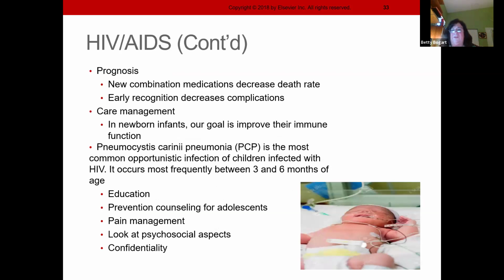So prognosis today is better than ever. Now, I worked as a clinical instructor at an extended pediatric daycare, an amazing place. And they had triplets there. Now, from a mother with HIV, one had HIV AIDS, one had HIV, and one had nothing.